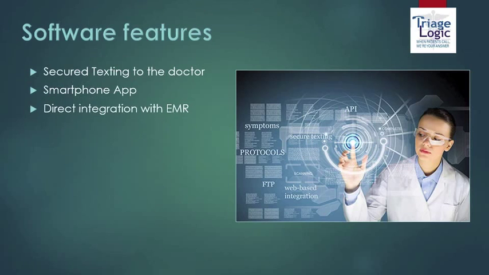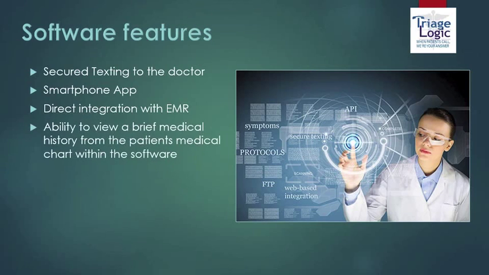Direct integration with electronic medical records is available with most advanced nurse software systems, and the ability to view a brief medical history from the patient's medical chart within the software is also available. Sometimes the software has the ability for the nurse to make a patient appointment in the electronic medical record if they need to be seen the next day. This is a convenience for the patient as it saves them time and gives them peace of mind that they already have an appointment scheduled.